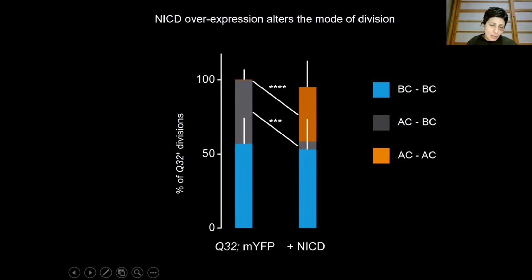And when we quantify these kinds of divisions, you can clearly see that such symmetric amacrine divisions, which don't occur in the wild type, certainly occupy a very large proportion of all divisions following NICD overexpression. But these divisions, we were puzzled by, because they could not account for the vast numbers of amacrine cells we were seeing.